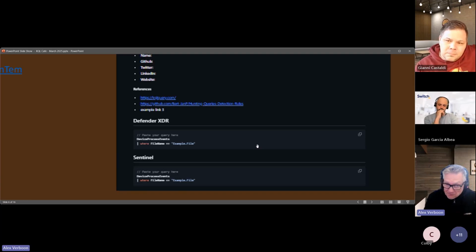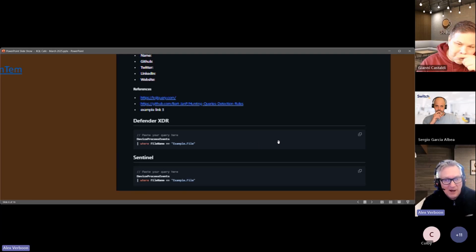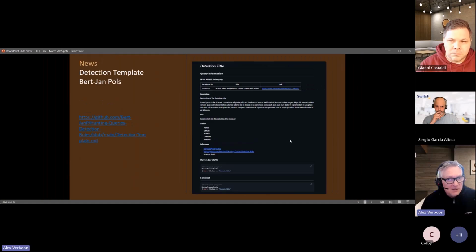But maybe you're creating a query that has nothing to do with Sentinel and Defender XDR. You would run it in a native Log Analytics workspace, but it can be helpful to note if there are any differences on the platform in the KQL code.